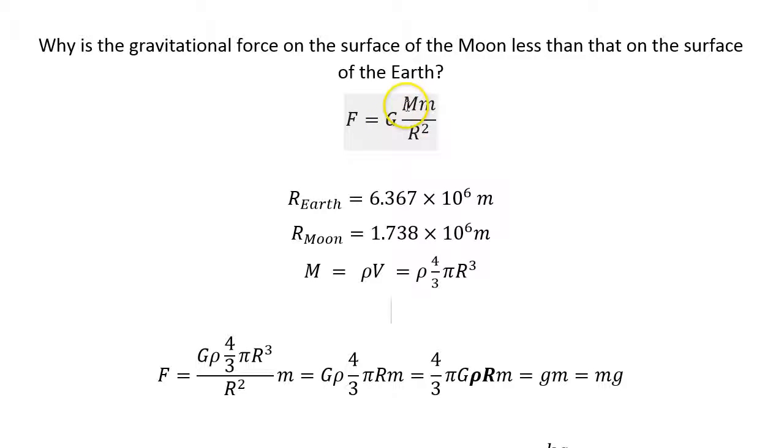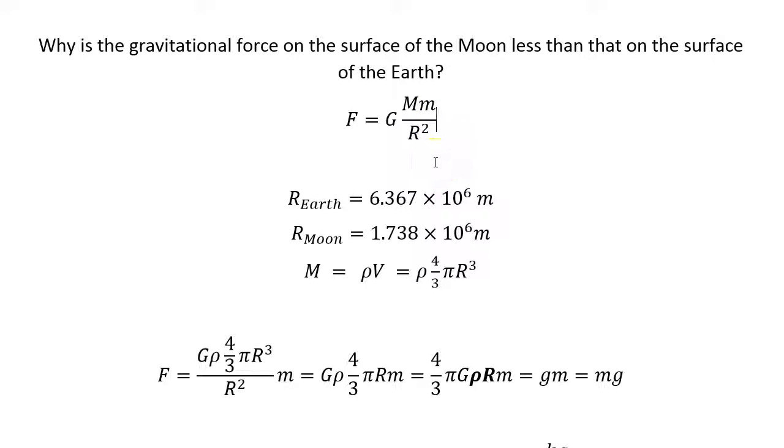So let's imagine that the big M is a planet like the Earth or a moon such as our moon, and R would just be the radius, because the distance between an object on its surface and the moon's or the Earth's center would be the radius of the moon or the Earth. And little m is the mass of the other object.